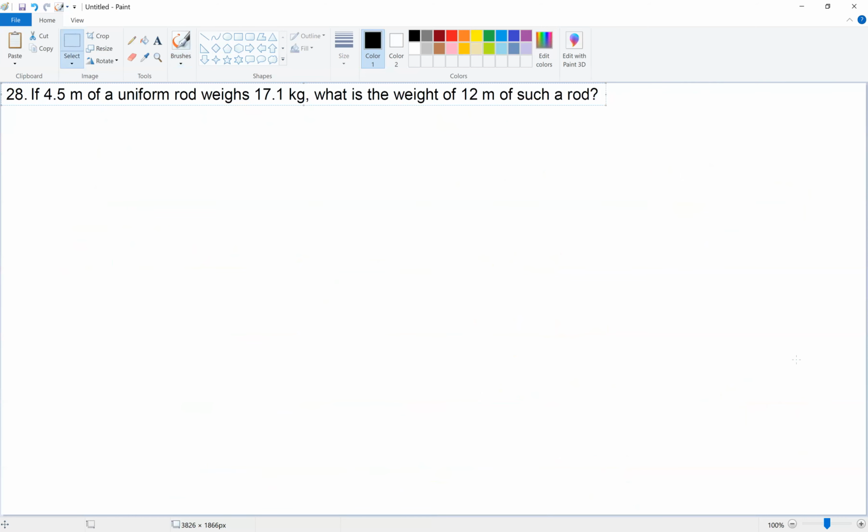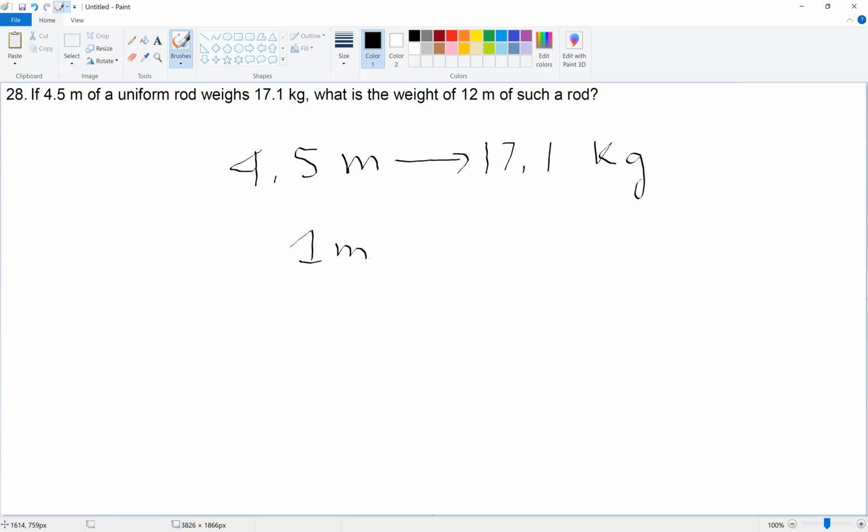Okay, last question. Sorry, we ran out of time. So 4.5 meter, 17.1 kg. So 1 meter, this one is straight. So this would be 17.1 over 4.5.